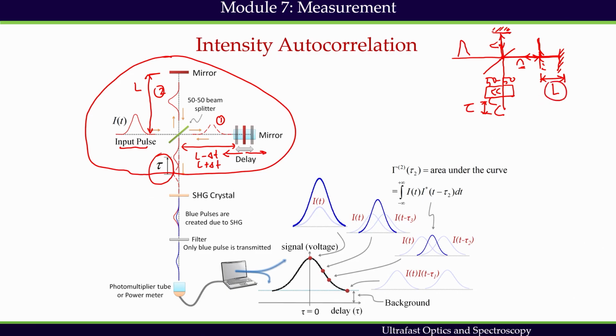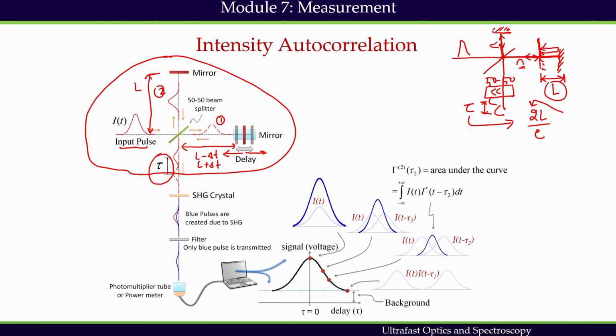If we do that, then the delay can be represented as 2L by c, distance by velocity or speed, giving the time. This factor 2 is coming because light must travel the extra distance to the mirror and come back from the mirror. So it will go to the mirror and then come back. So the total distance traveled is 2L.